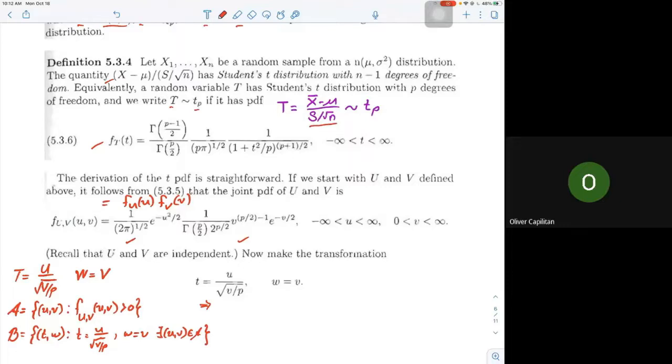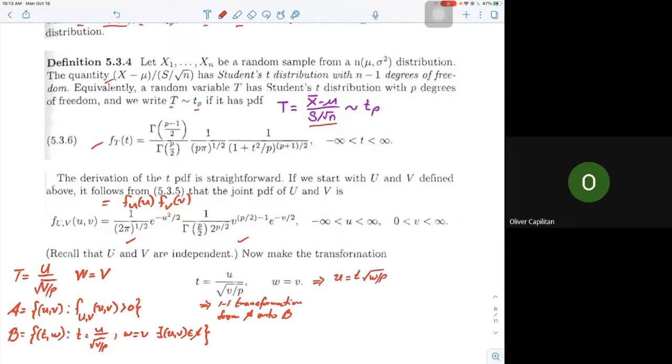So this implies that there exists a one-to-one transformation from script A onto script B. If so, this implies that we have u equal to t times the square root of w over p.